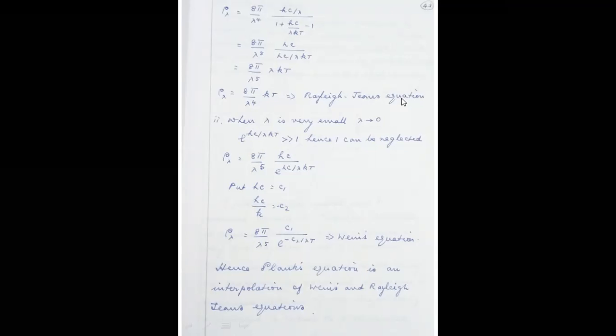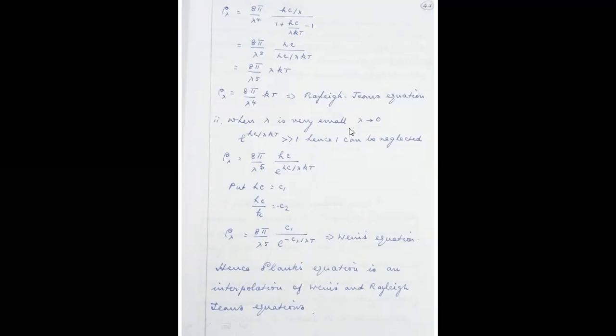What is this? Rayleigh-Jeans equation. The Rayleigh-Jeans equation was successful in the higher wavelength region. Therefore, when the wavelength is higher, the equation becomes the Rayleigh-Jeans equation.